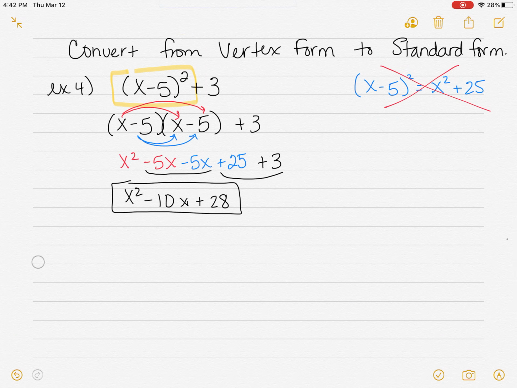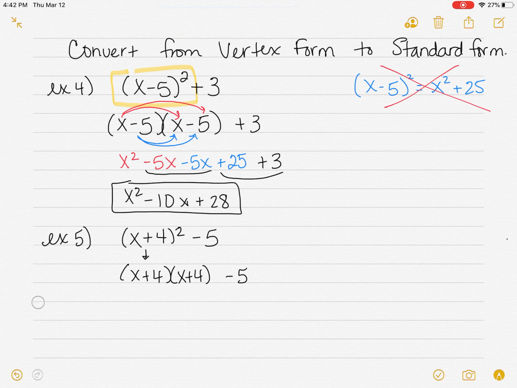Let's look at another one. So we're going to take a look at x plus 4 quantity squared minus 5. Right, remember to expand that x plus 4 squared, so that's x plus 4 times x plus 4, and then minus 5.